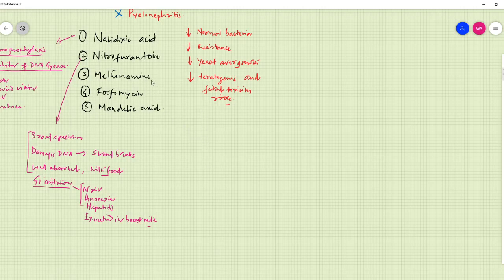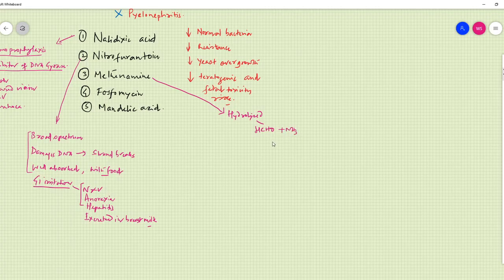So let's take the next drug. Next drug is methenamine. The important aspect of methenamine is it is hydrolyzed in vivo to formaldehyde and ammonia.